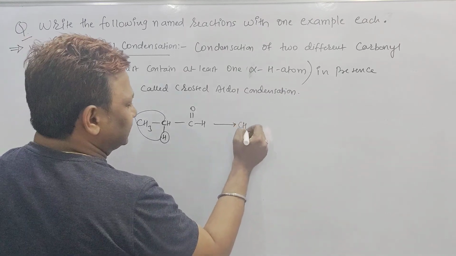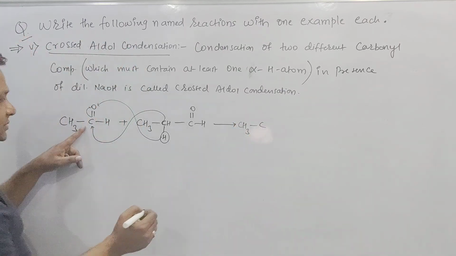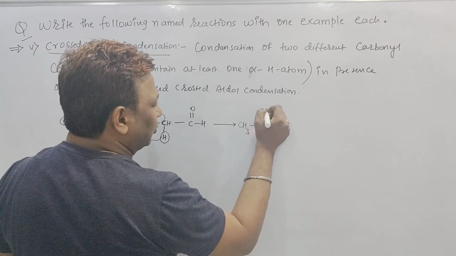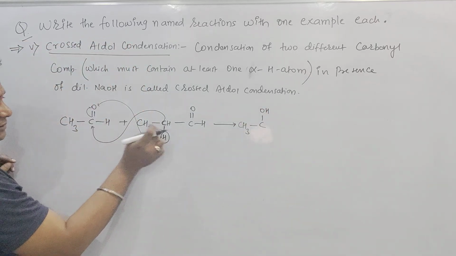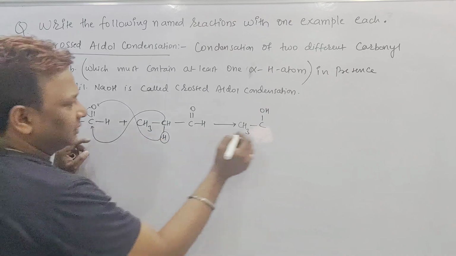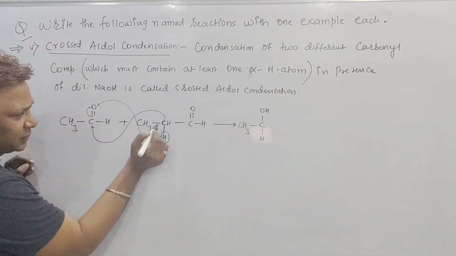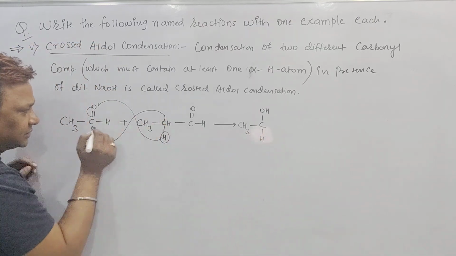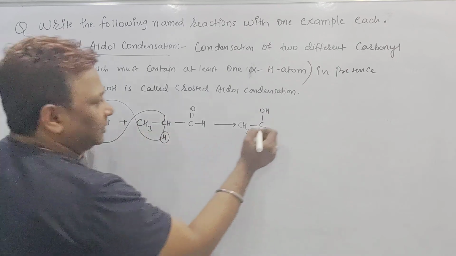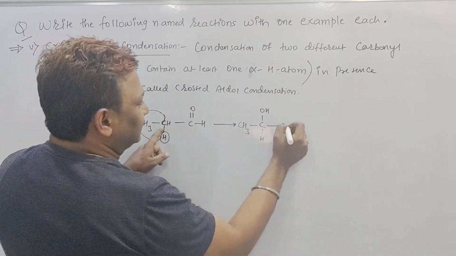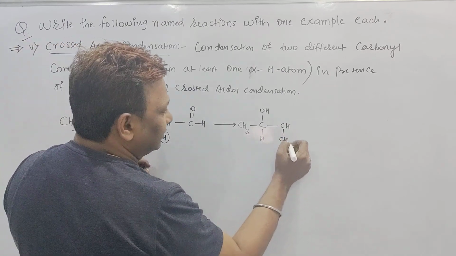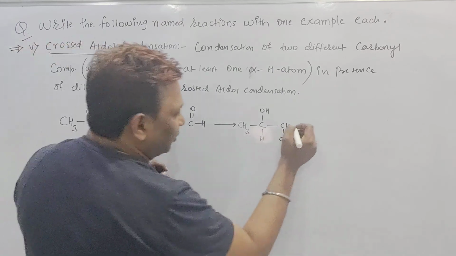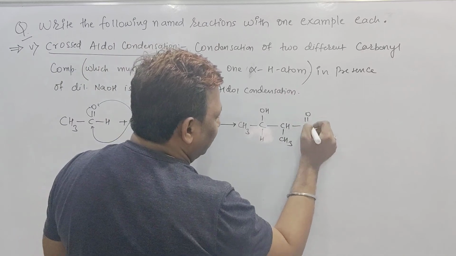First one I will get as CH3, then C, then here OH, because this H comes here, and this H comes down to the carbon. And this complete carbon attaching to this carbon, it is bonded with a CH. This CH is bonded with a CH3, and this CH again bonded with a C double bond OH.